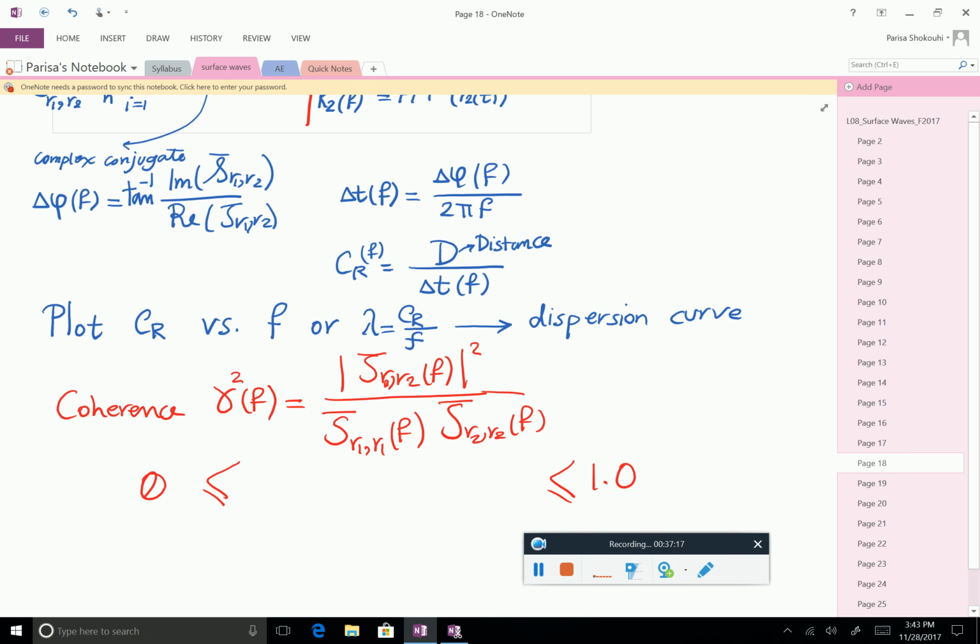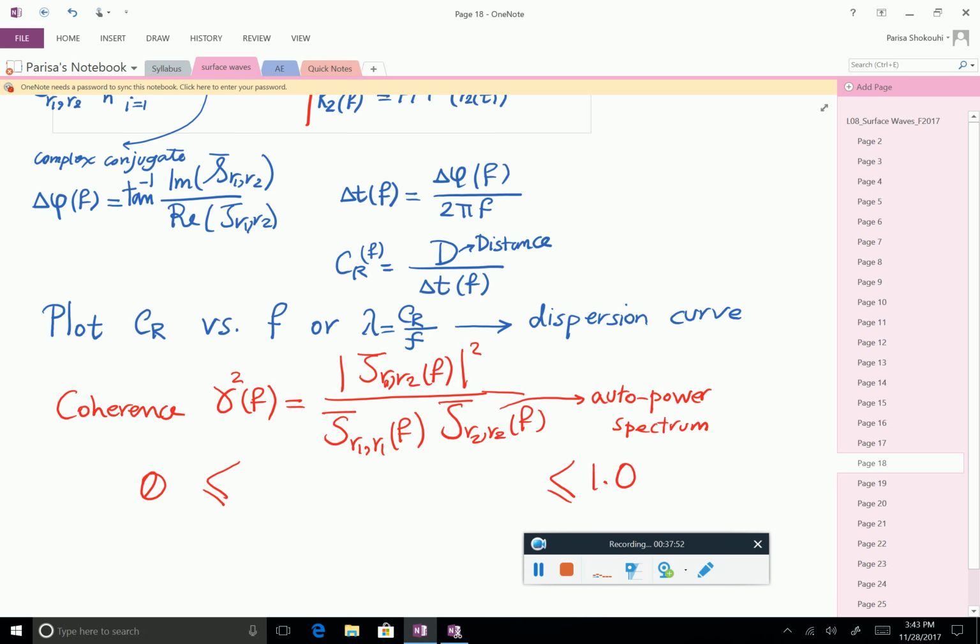I'll show you why. Question? So this is like if you use the cross power spectrum between receiver 1 and receiver 1, this is like receiver 2 and receiver 2. The same formula. This is called auto power spectrum. You have seen these quantities in other places, right? Never heard of cross power spectrum?